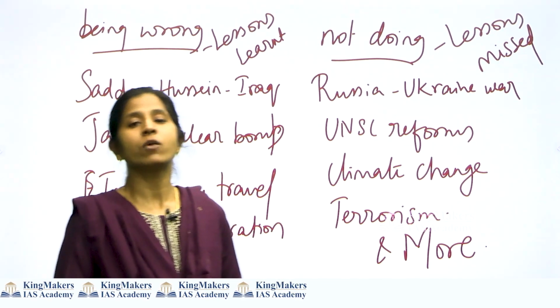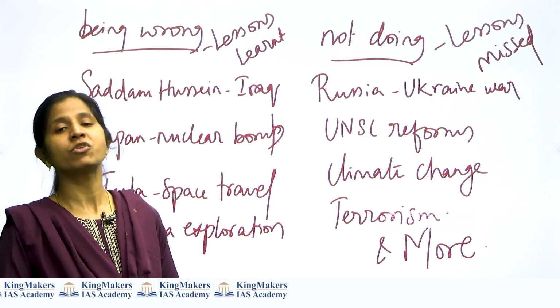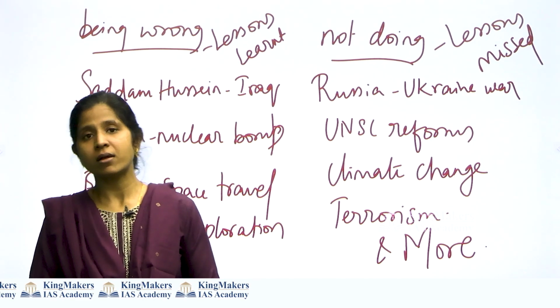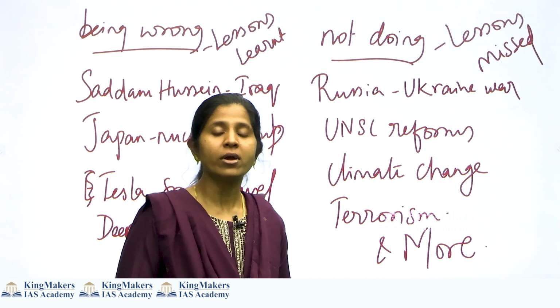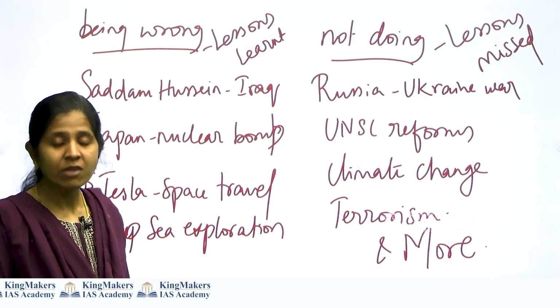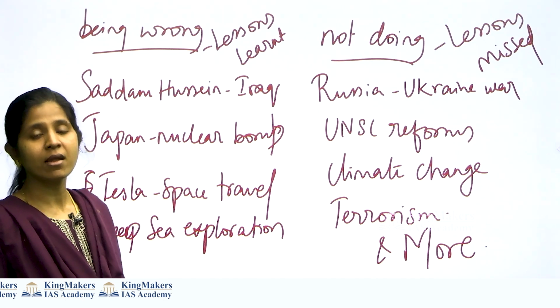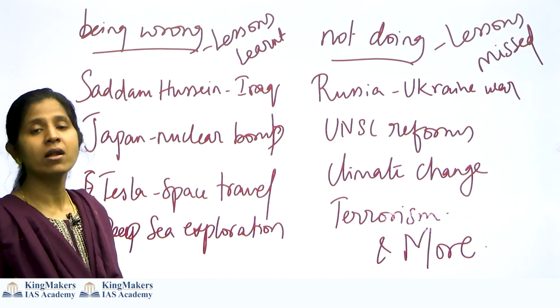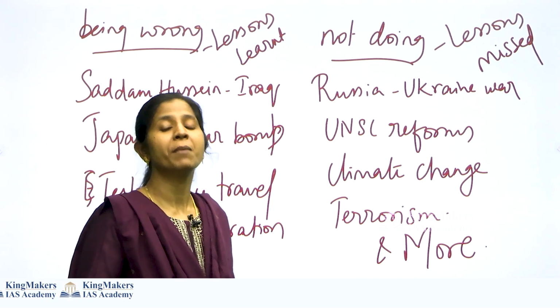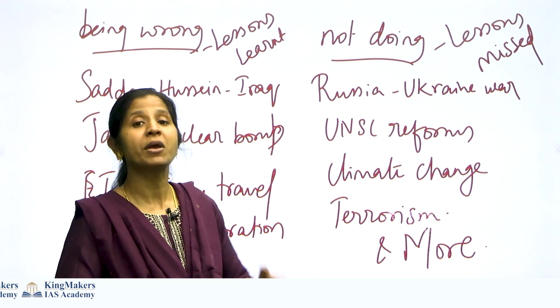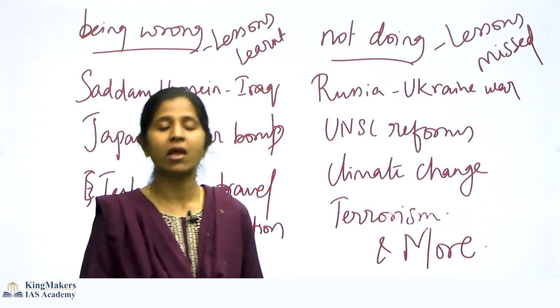There was an organization investigating whether Saddam Hussein was using chemical weapons, but it was not found at all. So with the misinformation or wrong allegation, Saddam Hussein was assassinated and Iraq was invaded, but that left room for many terrorist gangs like ISIS to penetrate Iraq because of the political instability that was there.